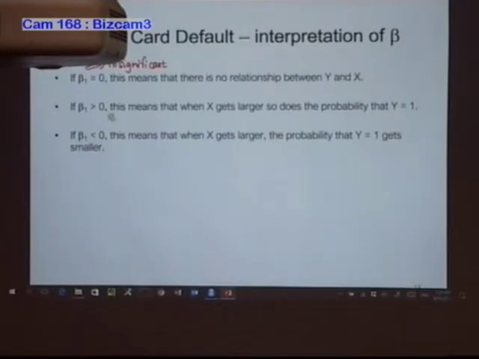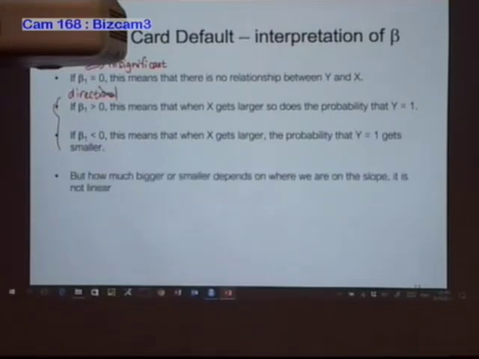The only thing we can say is positive or negative. If it's positive, then larger x leads to higher probability. If it's negative, larger x leads to lower probability. So this part is directional. But the exact magnitude we cannot just say by checking the beta.